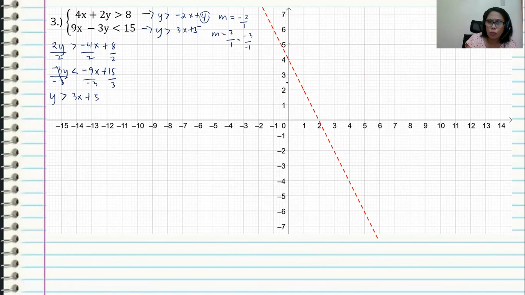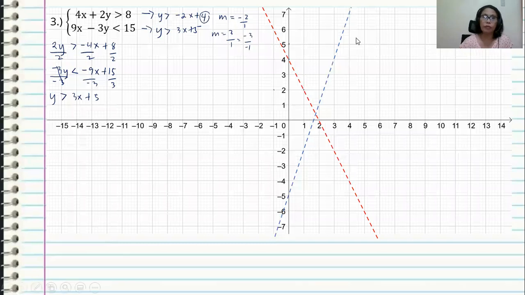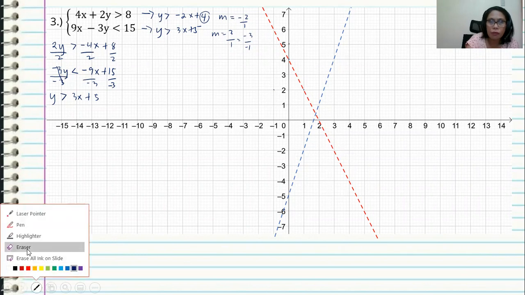So 1, 2, 3, and we will run to the left by 1 unit. So this is the other point. So we'll connect the 2 points by a dashed line. So we get this one. We have to know that this is -3. So this must be -5 instead of +5.